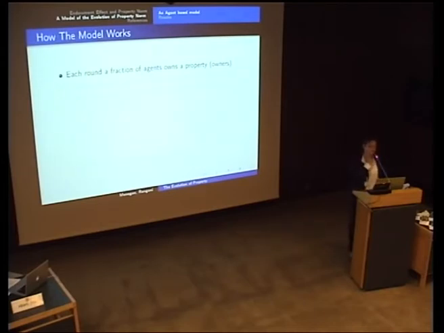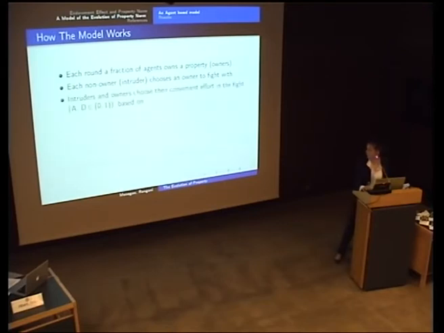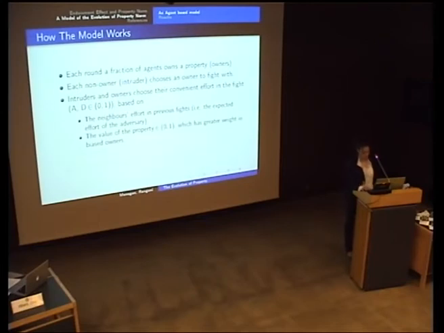Each round, a fraction of agents own a property, and each non-owner, which we will call an intruder, chooses an owner to attack. Intruders and owners choose their convenient effort in the fight, basing their choice on the neighbor's effort in previous fights. There is the expected effort of the adversary, and the value of the property, which has greater weight in biased agents since it's multiplied by the endowment effect coefficient, and the risk of injury. If the intruder wins, she steals the owner's property.